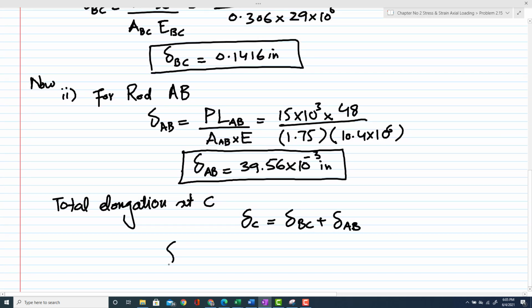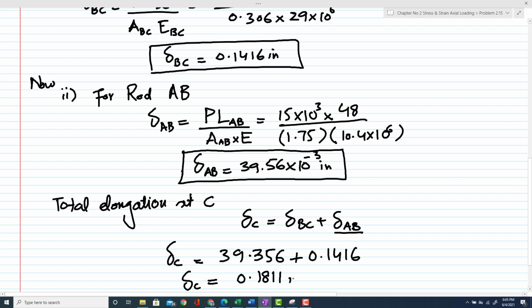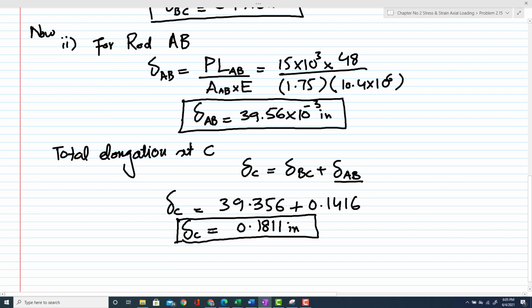So the elongation at C is 39.356 × 10⁻³, that was AB, plus the elongation in BC, which was 0.1416. So that is 0.1811 inch total elongation. So this is the right answer for our solution of this problem.